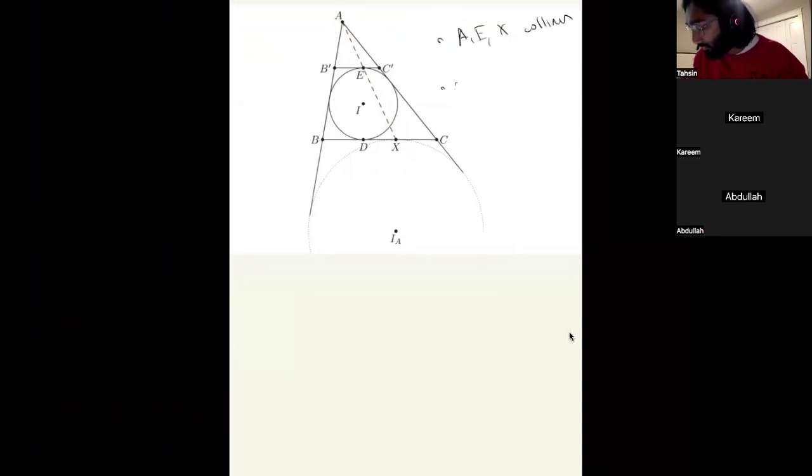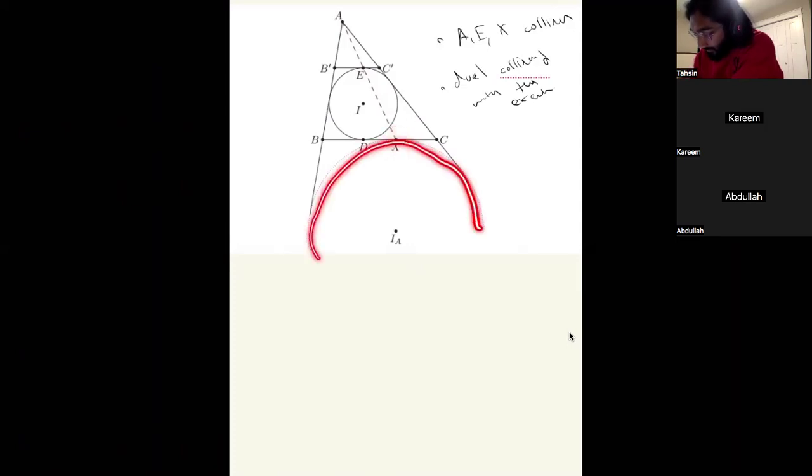There's actually a dual collinearity with the excenter. So let me explain what that is. So how does AEX work? X is just where the excenter hits BC. And then what is E? E is you reflect D over the incenter. So you look at this diameter.